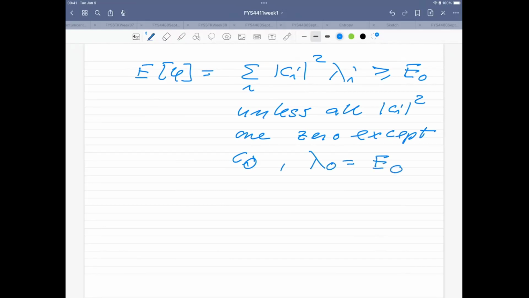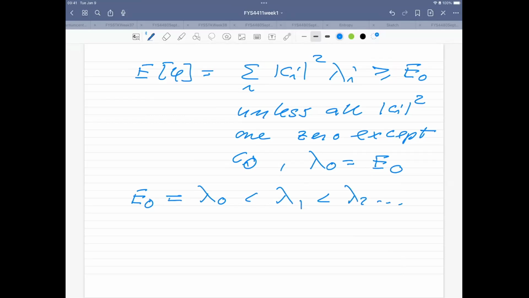So if the exact wave function, or this phi, is equal to the exact wave function for E0, then, since the c_i squared are always larger than or equal to 0, E0 is equal to this lambda 0, which then is like this.